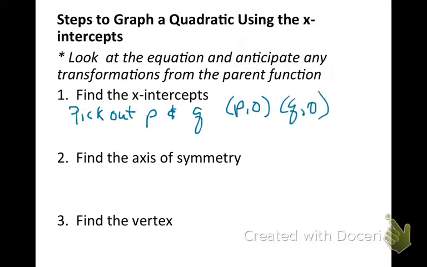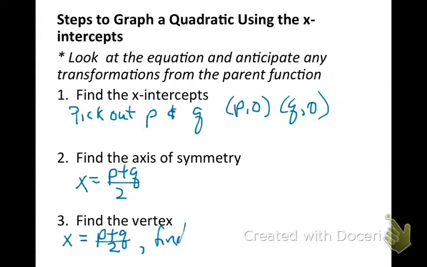Then you're going to find the axis of symmetry. In intercept form, we find the middle of those x-intercepts. So we take p and q and add them together and divide by 2. And that will give us the middle of those intercepts, which is the axis of symmetry. That is also the x value of the vertex. So p plus q divided by 2.